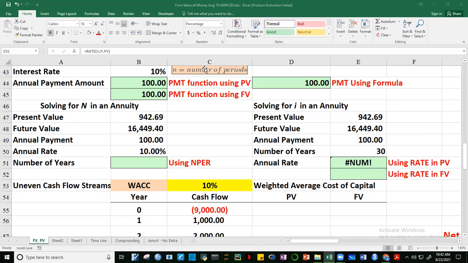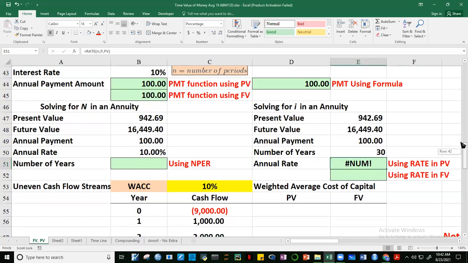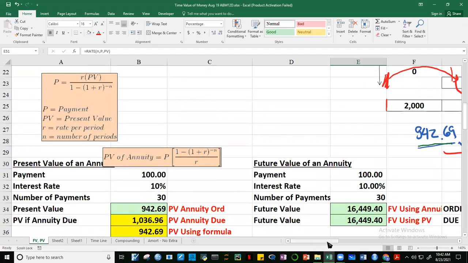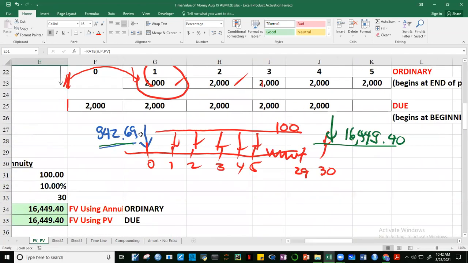Oh, may magandang question si Carl. Carl, paki-share mo yung question mo. Okay, ang question ni Carl, we can only choose to use either FV or PV, but not both. Oo. Now, depende sa problem, no? Kasi, okay, let me show you. Kung talagang may separate na 942 ngayon at saka 16449 after 30 years, kung may separate na cash flow na ganyan, then pareho natin silang ilalagay.